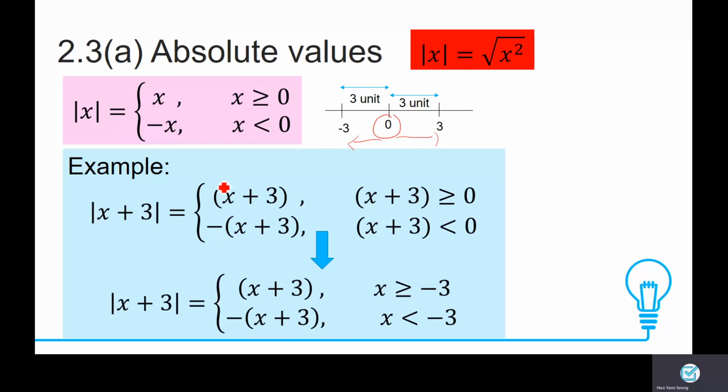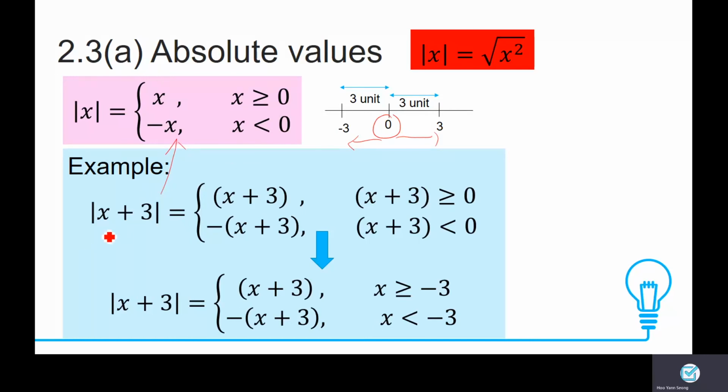Okay, so now x is just a variable. Sometimes inside the absolute value we can have some other expression. For example, here our expression is x plus 3. According to the formal definition, the expression inside the absolute value is what we split into positive and negative cases, for greater than 0 and less than 0.